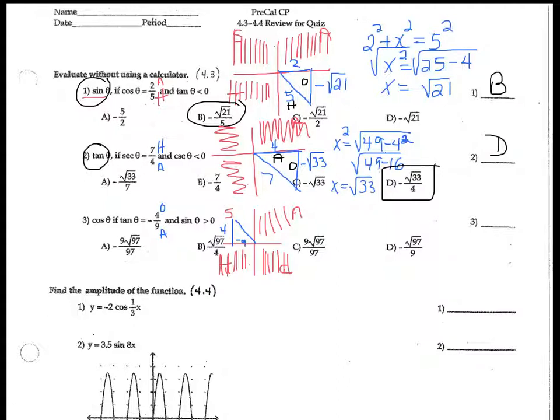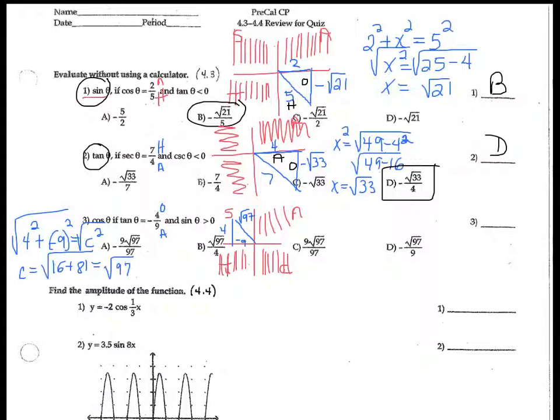So to find the hypotenuse, I'm going to have 4 squared plus (-9) squared equals c squared. So I get the square root of both sides. And c is going to be the square root of 16 plus 81, which is the square root of 97. And that is the hypotenuse.